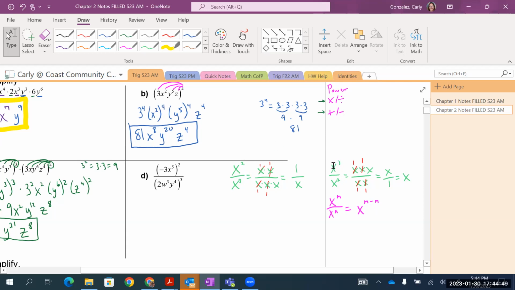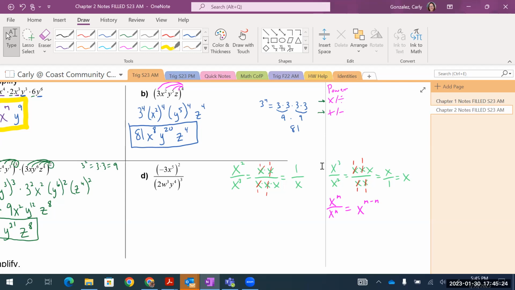In either of these cases, I would just subtract 3 and 2 to get 1. And then I decide, well, where will my x's be left over? On the first example, x squared over x cubed, I have more x's on the bottom. So the extra x's will be left on the bottom. Whereas in this x cubed over x squared, I'll still be only left with 1 x, but now since I started with more x's on top, the remaining x will be left up top.